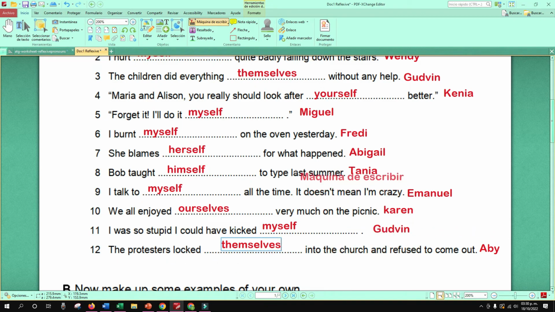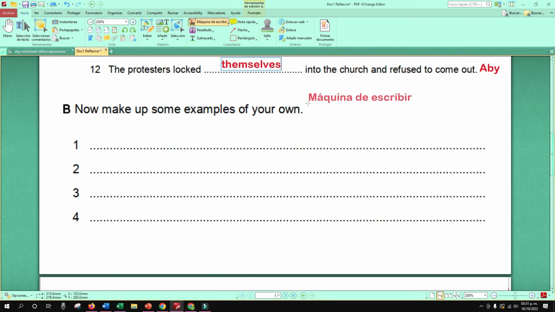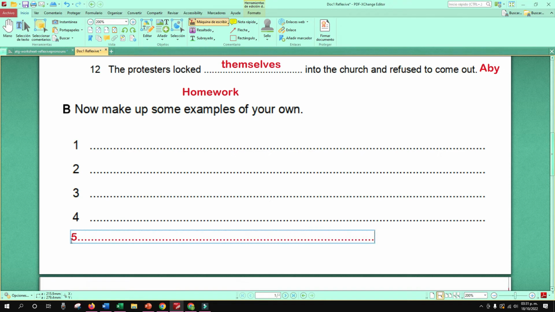Thank you, Abby. Okay, guys, excellent. So, the last activity. This will be your homework. It says, now make up some examples of your own. There you have 1, 2, 3, and 4, and we're going to add another one, 5, right? So I want you to write down 5 sentences using the reflexive pronouns, right?